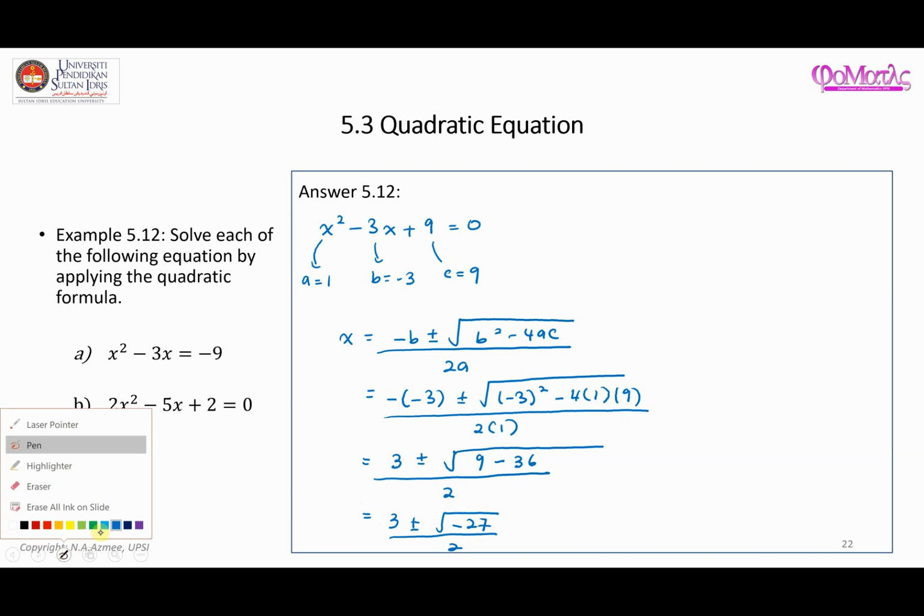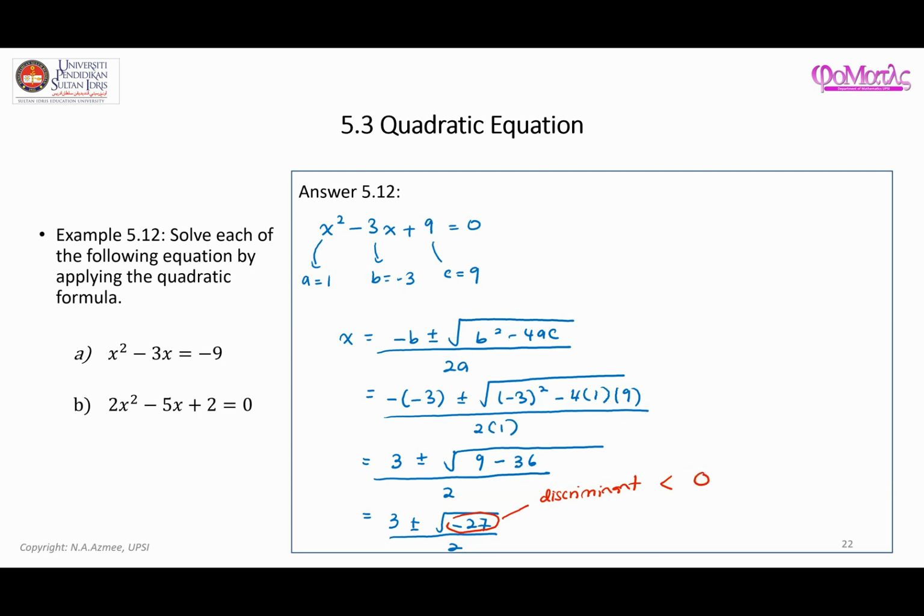So again, as you have seen in the previous slide, this is the discriminant, and the value is less than 0. So if it is less than 0, that means you have solutions which are going to be complex numbers. Two solutions which are complex numbers and conjugates of each other.